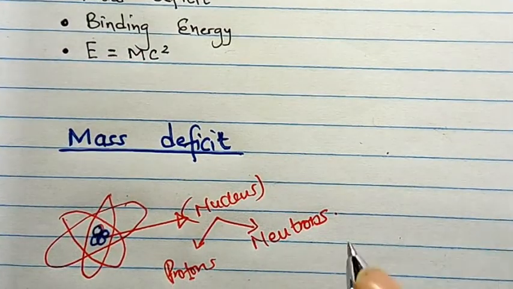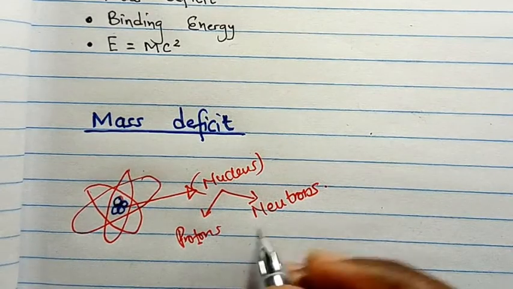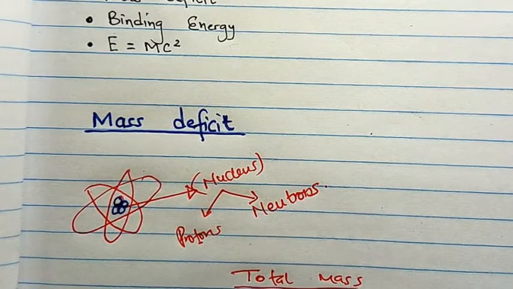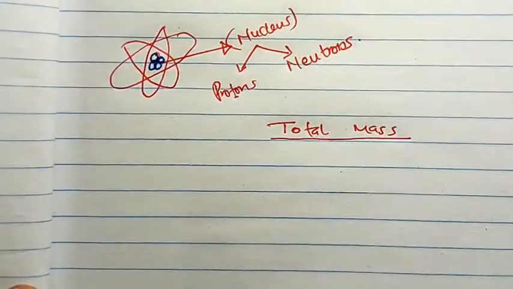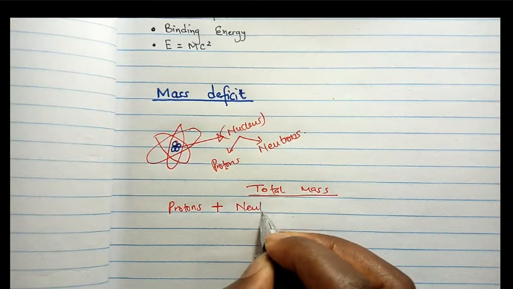Our expectation is that if we could put this in and measure it, we expect that the total mass, that is, meaning we take the total mass of the nucleus, that is protons plus the neutrons.